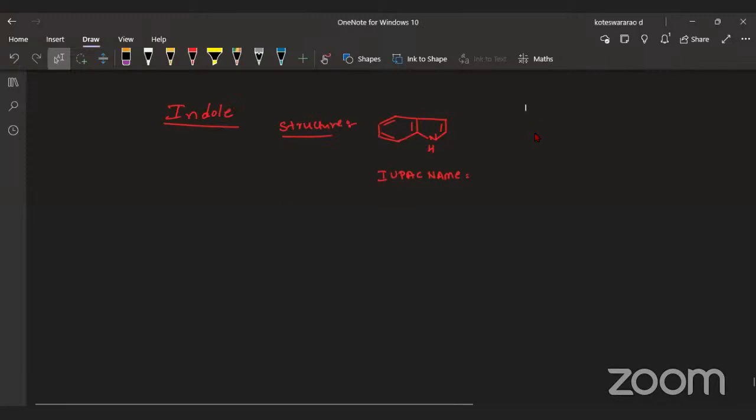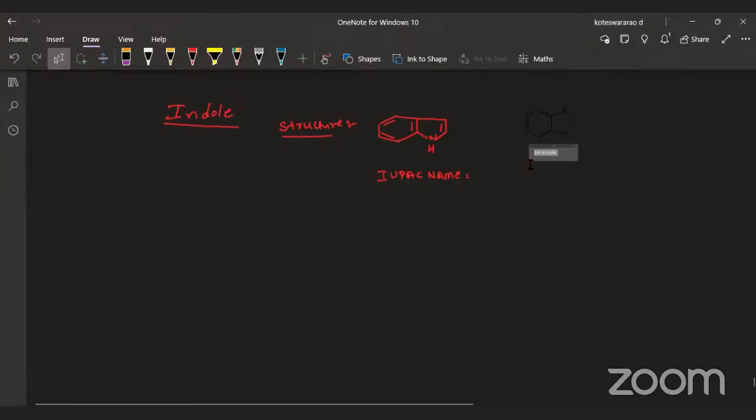When we have the trivial name, we don't use the IUPAC name. But I need to give the IUPAC name also. This is the IUPAC name. Whenever you ask any computational software, the name will be given like this.